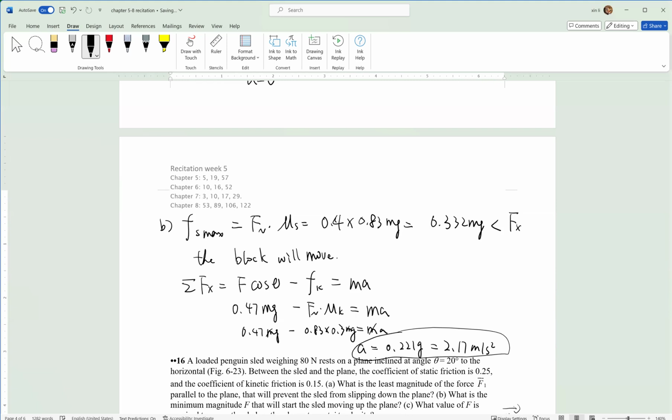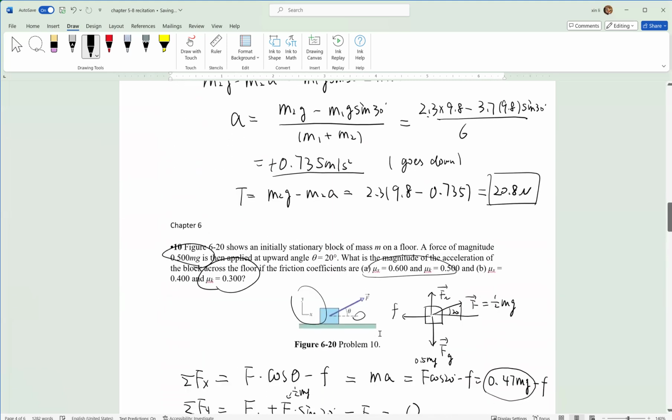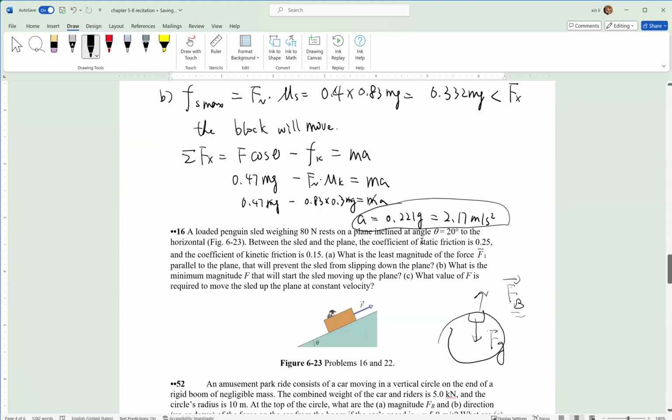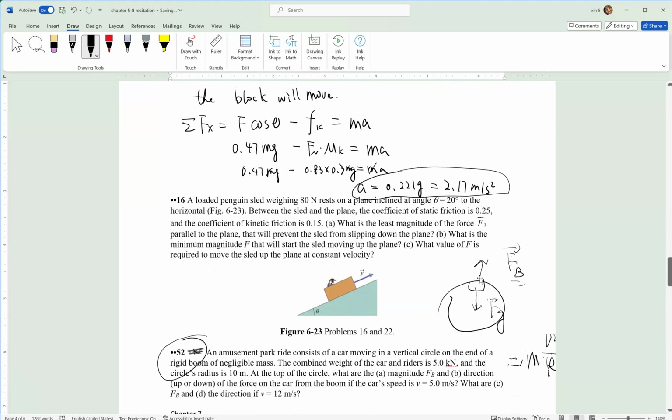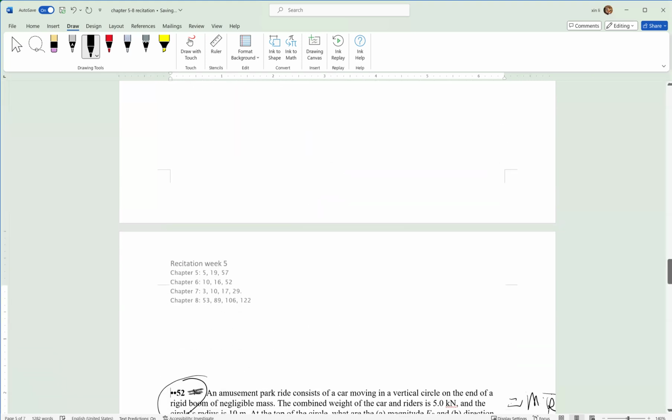For part A, it will not move. So you are going to have something like this on the exam. I will ask you if the block will move or not, and if it moves, what is the acceleration? Yeah, like that. So this is that problem, and then we are going to take a look at problem 16.